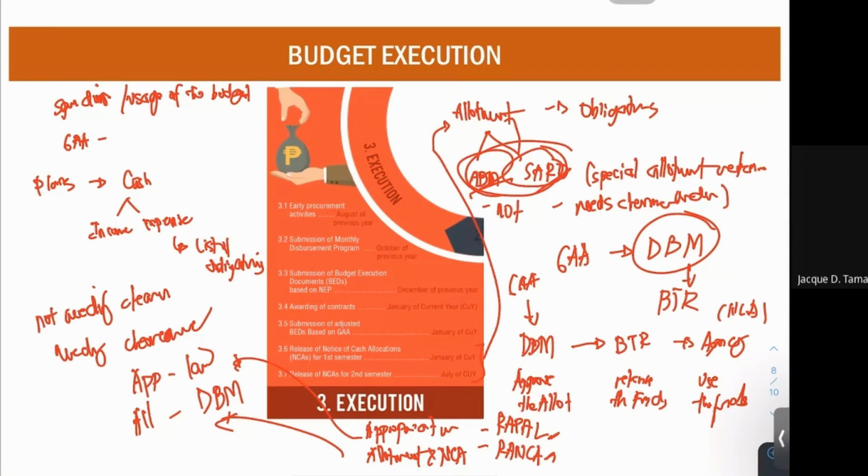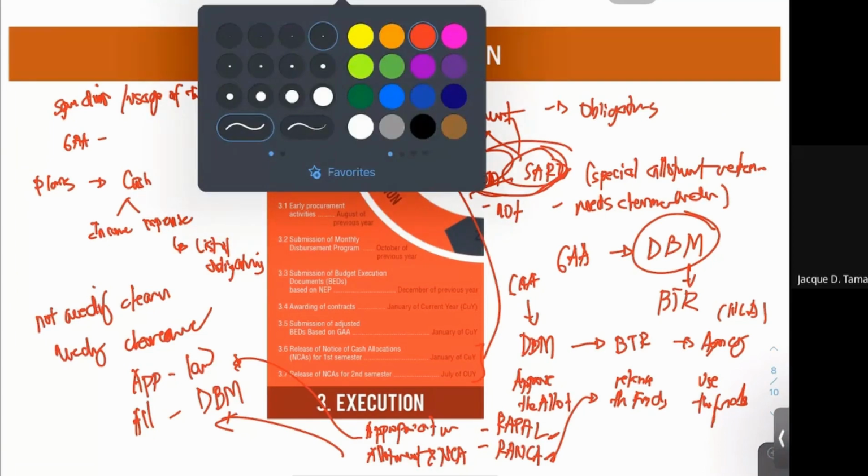Now, the RANCA will also be furnished to your BTR because, again, the amount of the funds to be released by the BTR will be based on the allotment recorded or released by the DBM. So once there is a furnished copy of the NCA to the BTR, what will the BTR do?